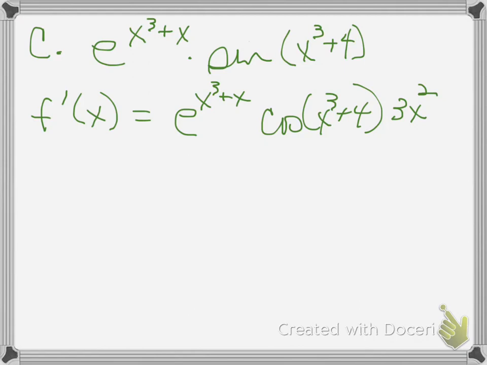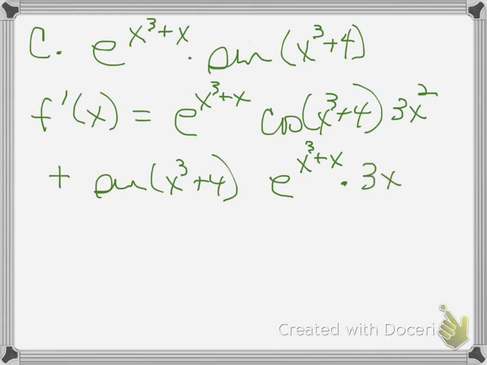Okay, that's our first term. Plus right, so just sine of (x cubed plus 4). D left, write what you see, e to the (x cubed plus x), and then take the derivative of the exponent, so times (3x squared plus 1), put that in parentheses.